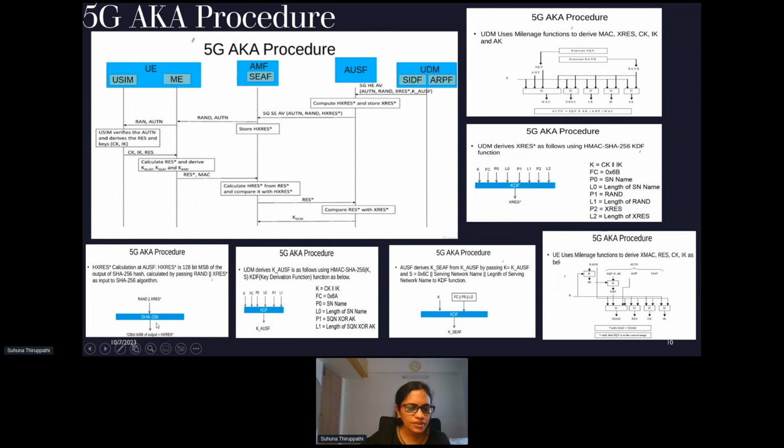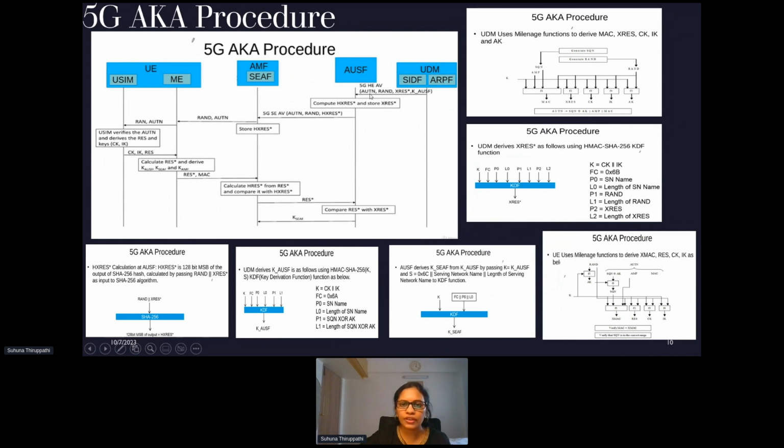So how is HXRES star calculated? With the random number, the XRES which we have obtained is sent as an input to the SHA-256 key derivation function. Then we obtain HXRES star.